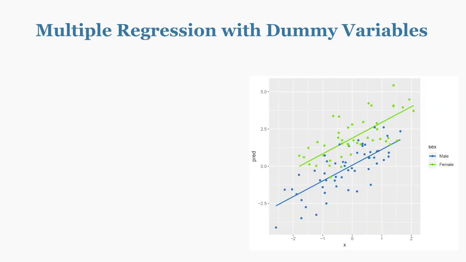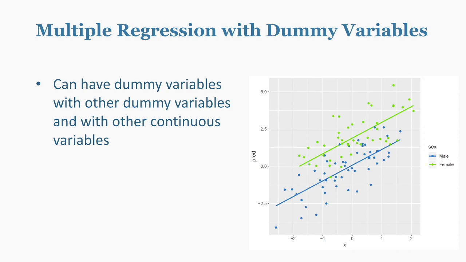So now we've covered simple regression with a categorical variable. But what about when you want to do a multiple regression? Maybe you want to have a categorical and continuous variable, or two categorical and one continuous, or so on. Any combination is okay.